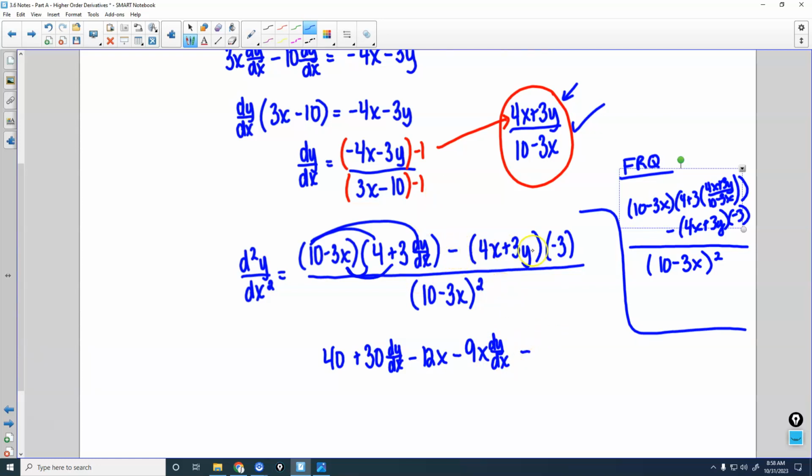This negative is going to make that 3 a positive right there. So I'm going to change those to positives, because that 3 really, we could put up here, and I'm going to distribute that 3.